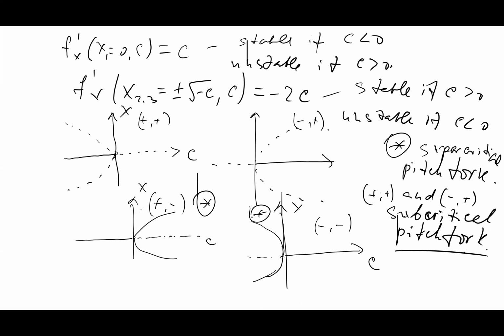So the difference is that these extra two equilibria are stable for supercritical and unstable for subcritical.